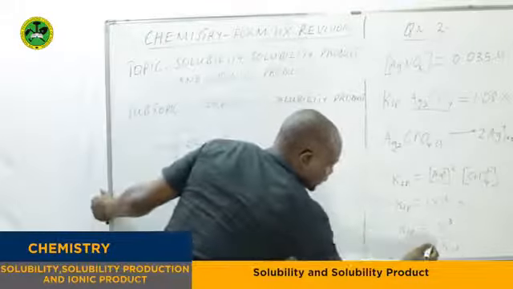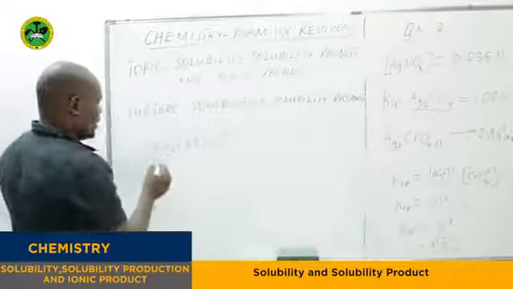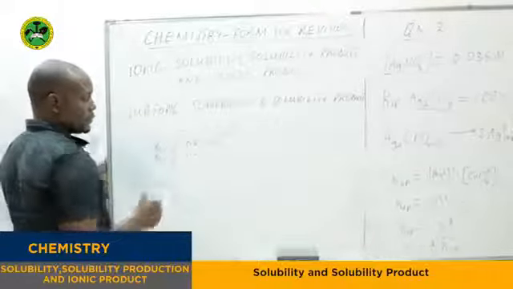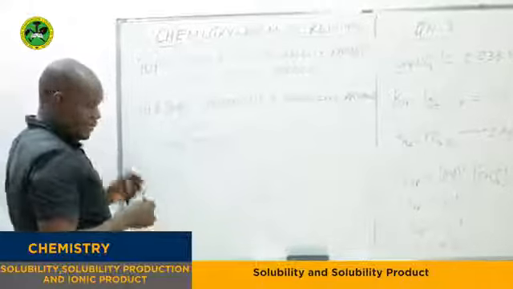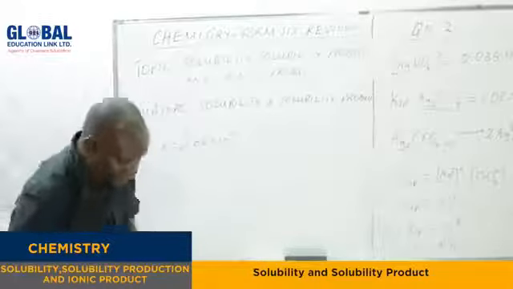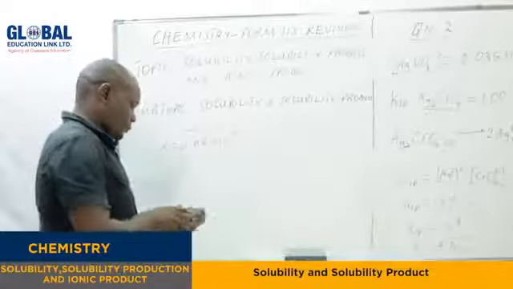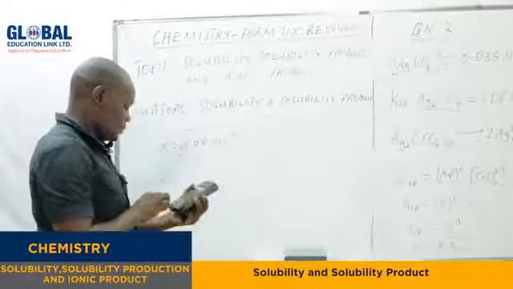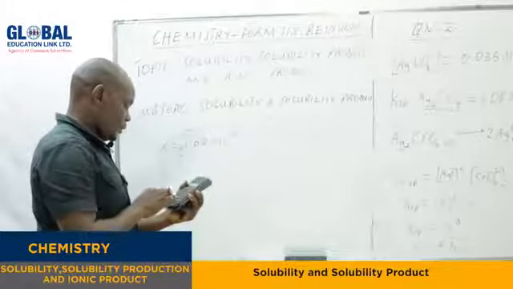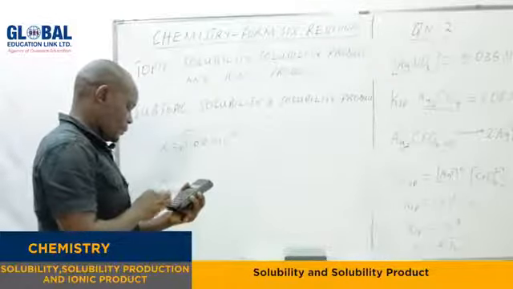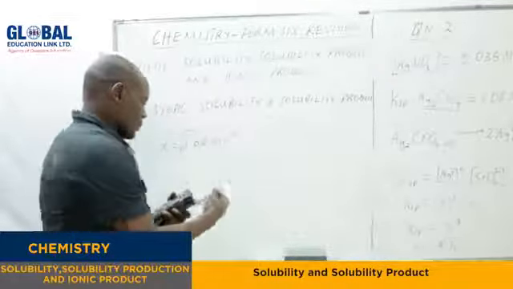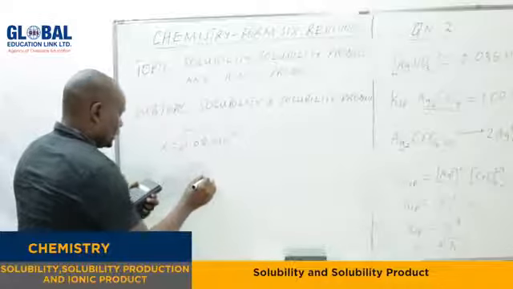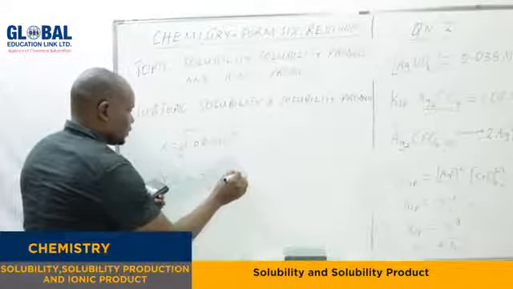Since it is 3 there, so here must be 3. So here, if we now find the cube root of 1.08 times 10 power negative 10, using your calculator, that is 1.08 exponent negative 10, then its answer is approximately 4.76, then times 10 power negative 4.